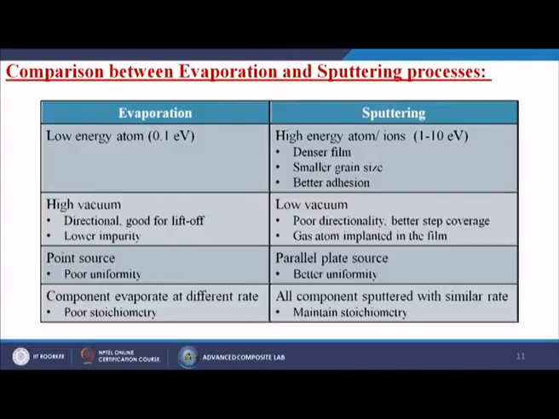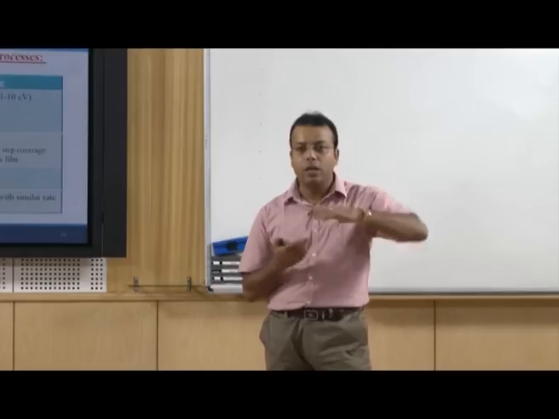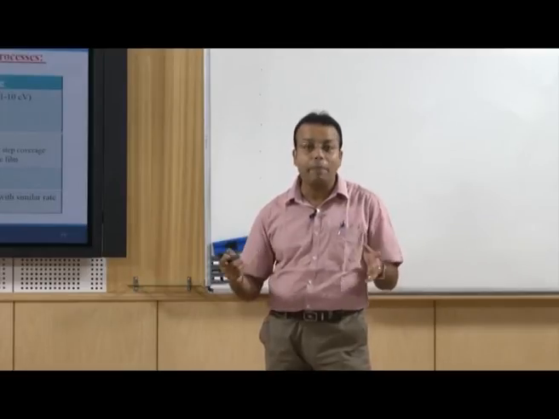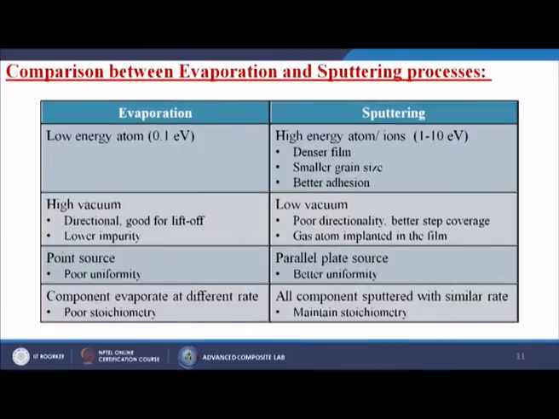Generally for evaporation it is a point source, so poor uniformity. Here sputtering uses a parallel plate source. If you remember from the last slide, we are using two parallel plates there. So, the surface area or sample size can be bigger in that case; you can accommodate a bigger sample size too.